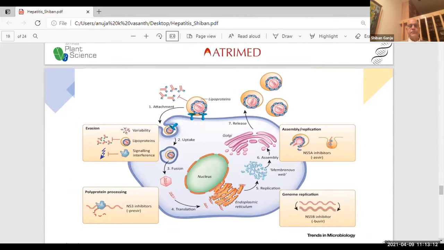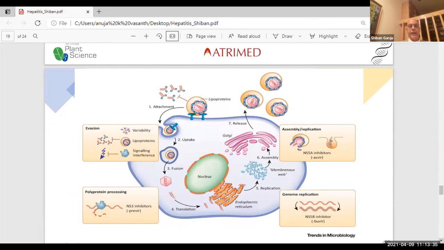Now, this diagram shows where certain drugs would affect viral replication. There is one drug that we use really commonly, sofosbuvir, which is a nucleoside analog.